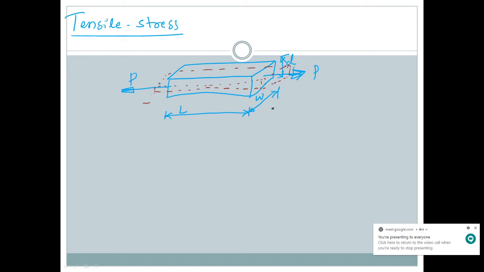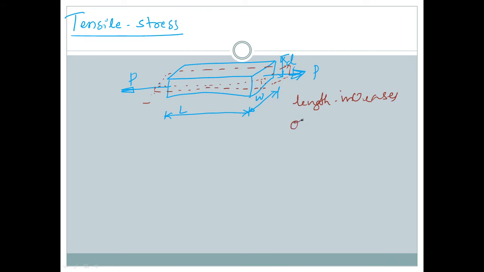In this case, what happens? The length increases, and the other dimensions decrease. Now how are you going to define the tensile stress?